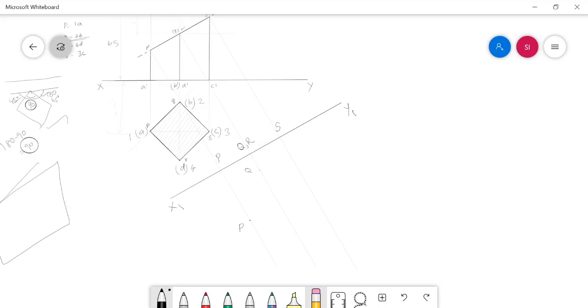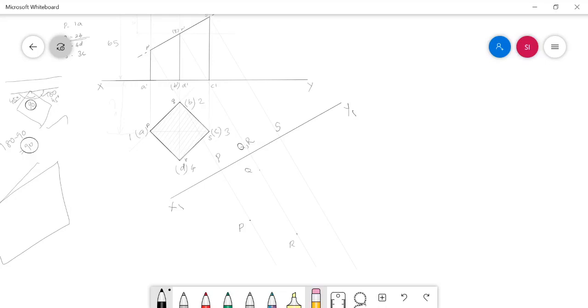The point R is below xy at this much distance, so in the projector of R below x1 y1 at the same distance, you can mark the point R. And similarly, for marking the point S, measure the distance between the point S and xy.